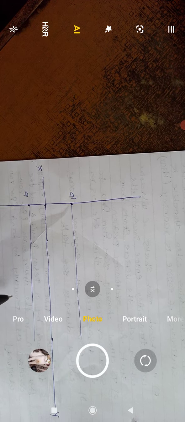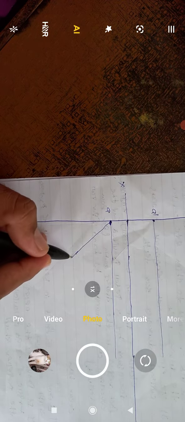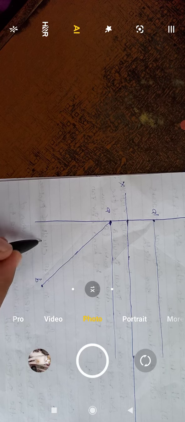So let us draw a 50 mm plan length line at an angle of 35 degrees from here. Suppose this is up to 50 mm. So this is A, this is B. Draw a horizontal line parallel to the axis. It is nothing but the locus.